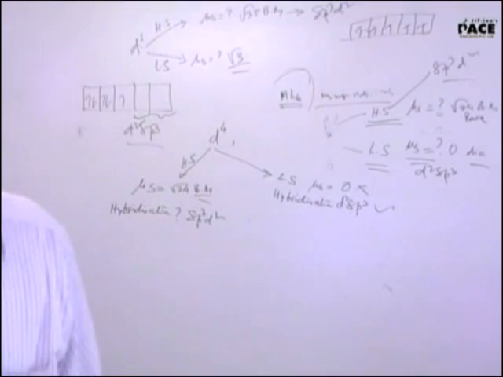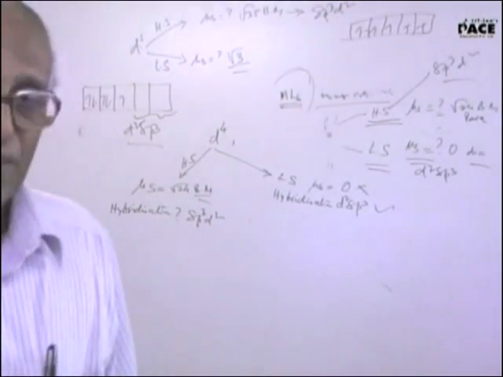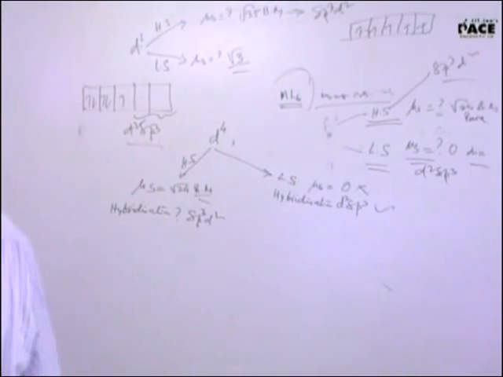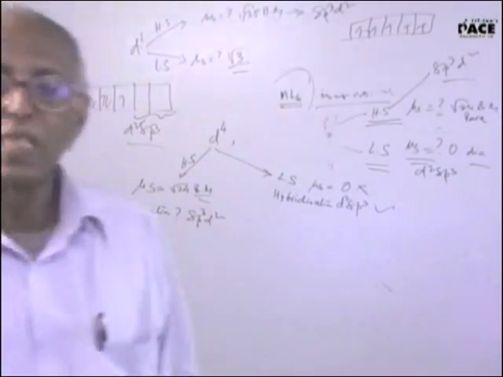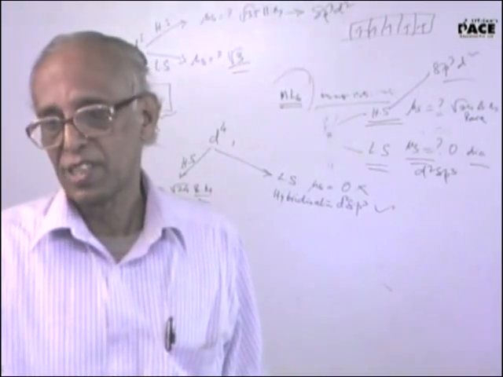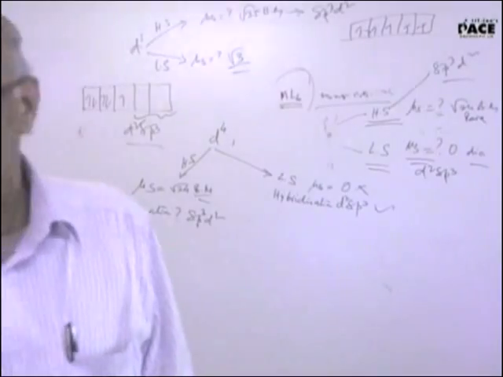The box diagram gives a false impression that all d orbitals are equal in energy when you have a particular geometry. No. d orbitals have equal energy only in the metal in the gaseous state, not in a particular geometry.